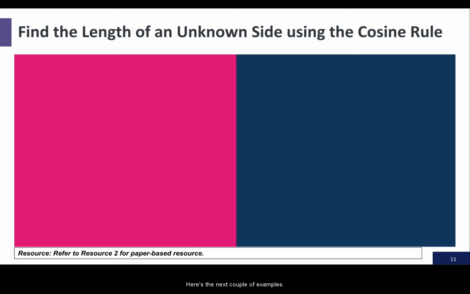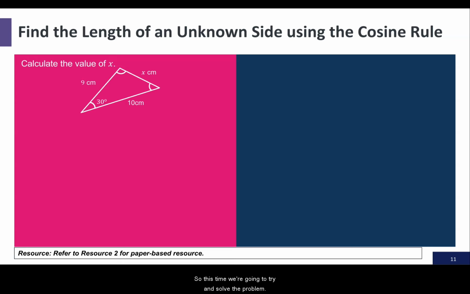Here is the next couple of examples. This time we're going to actually try and solve the problem. The first step is to label the triangle. x is going to be lowercase a, which means the 30 degree angle will be capital A, and it doesn't matter which way round you get b and c.